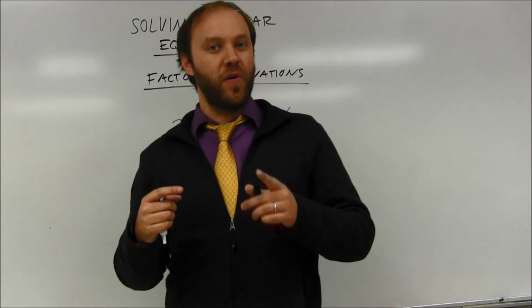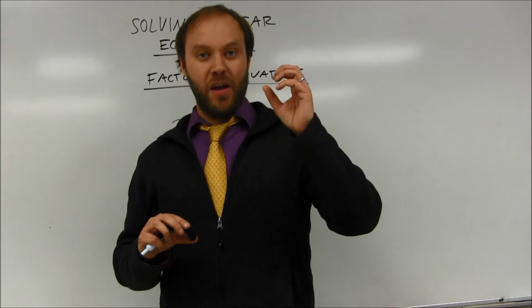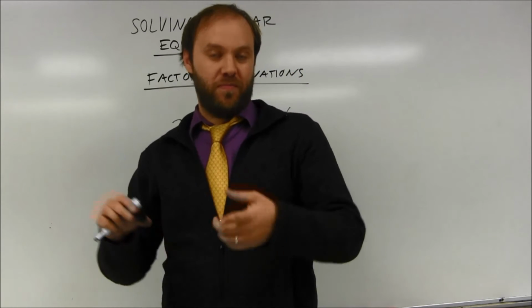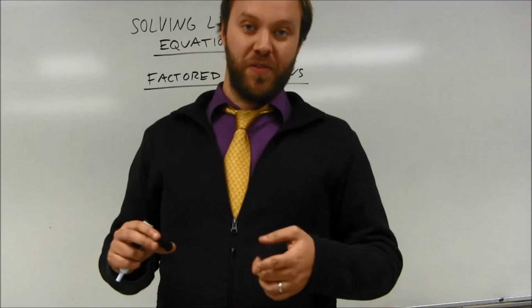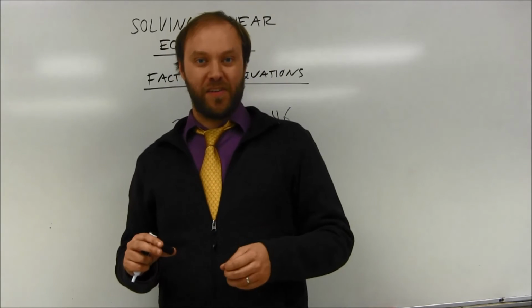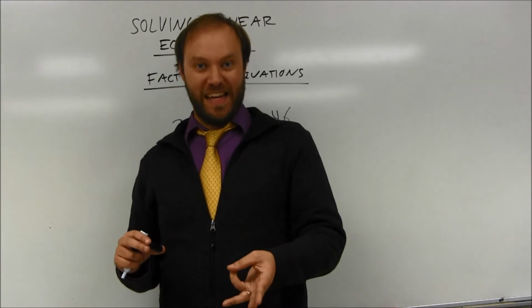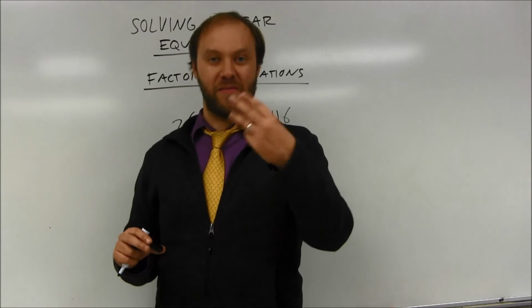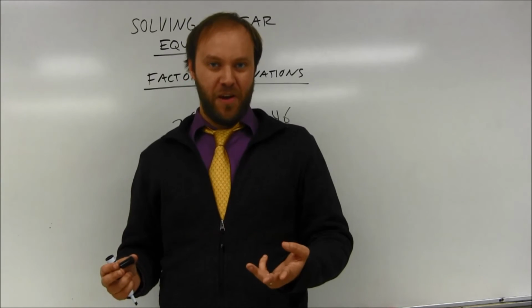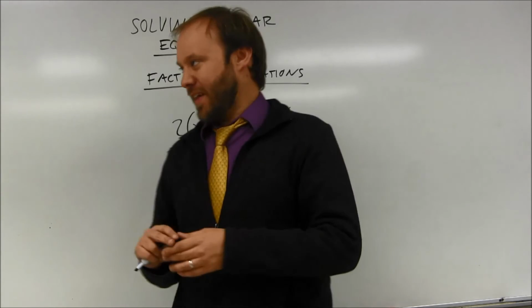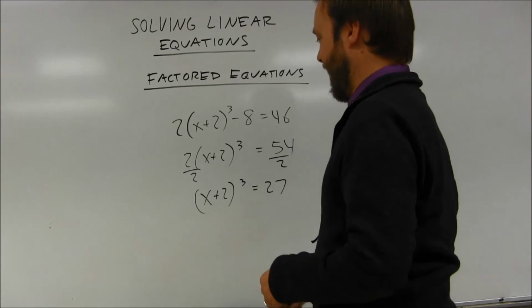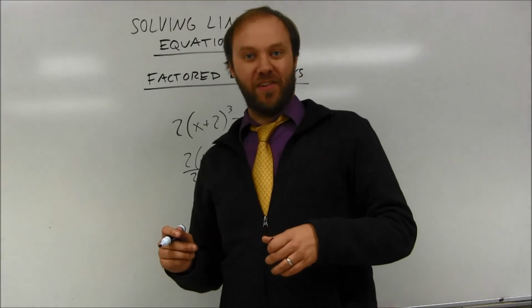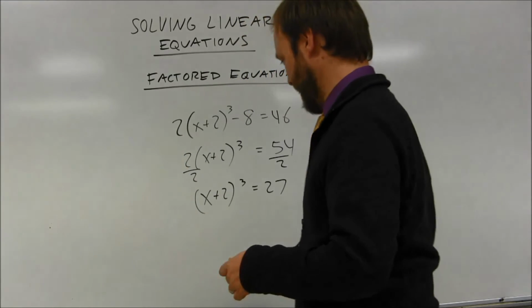Here's where you have to be careful. There's only one cube root, at least one that's a real number answer. For example, 2 times 2 times 2 is 8. Negative 2 times negative 2 times negative 2 is negative 8. So we don't get 2 answers anymore. There are possibly imaginary solutions, but that's not something we're going to be dealing with in this class.